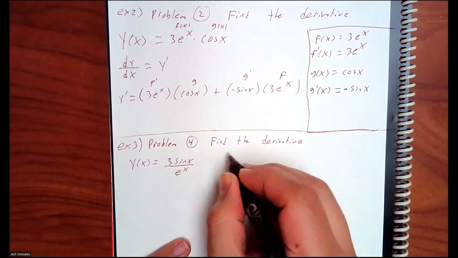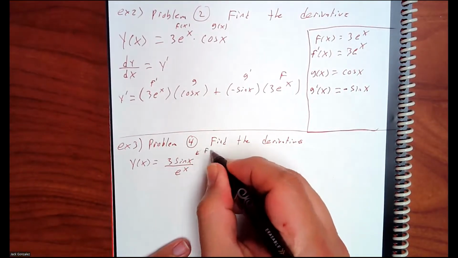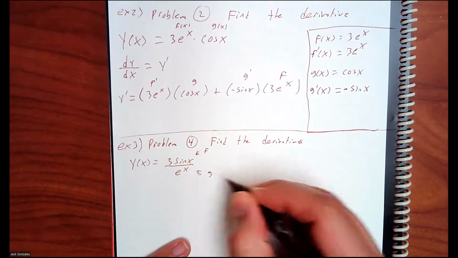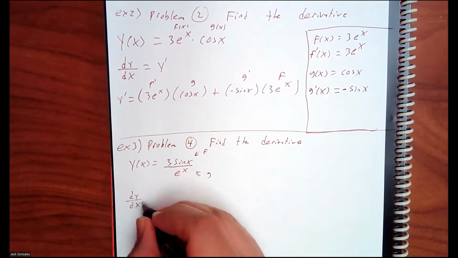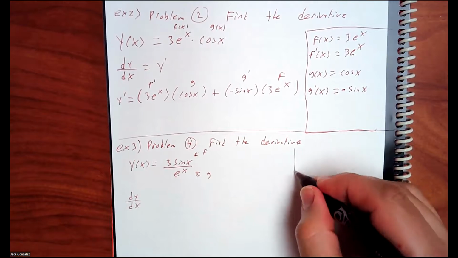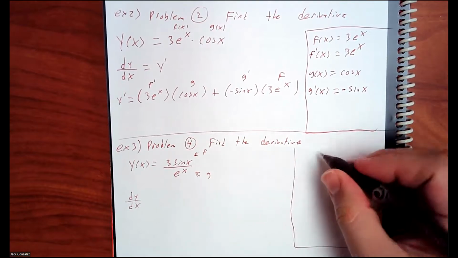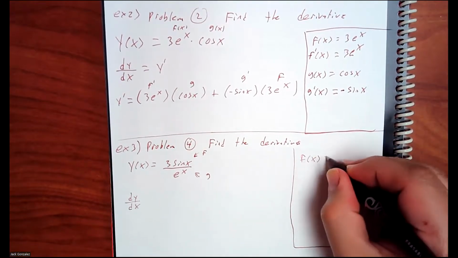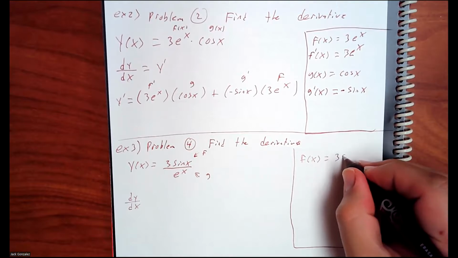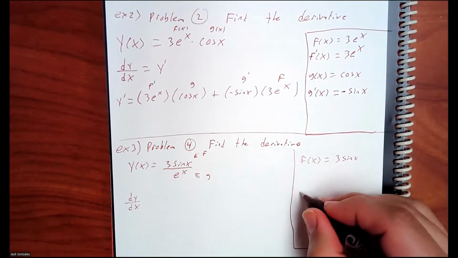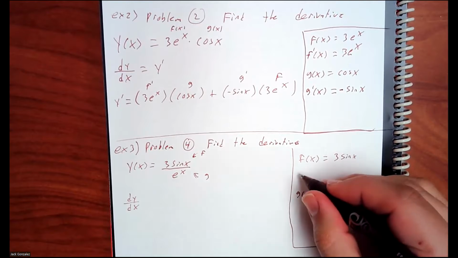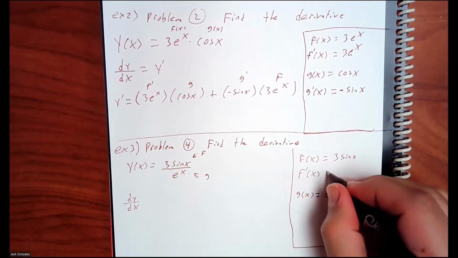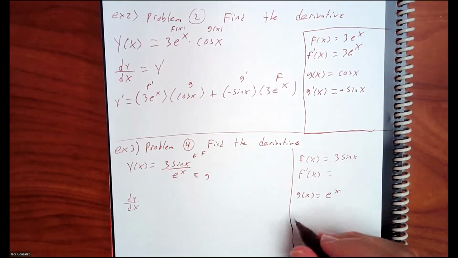I'll call this F and this guy G. So find dy dx. What's the derivative of 3 sine?